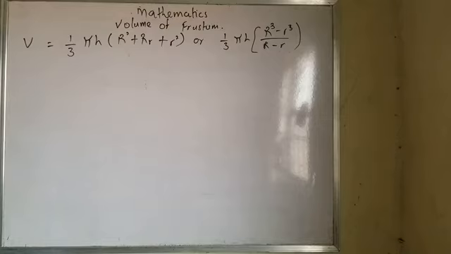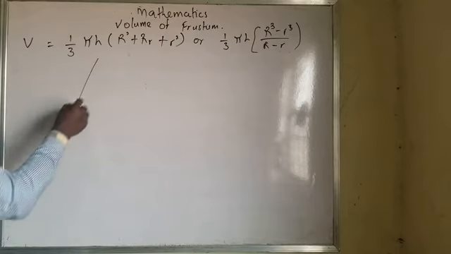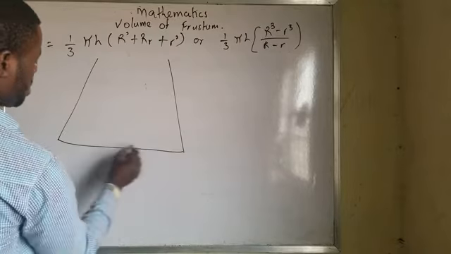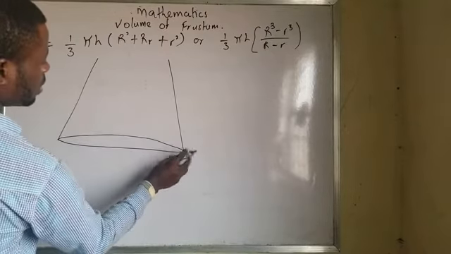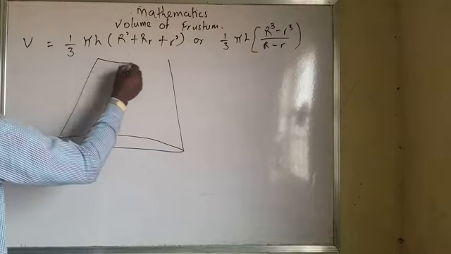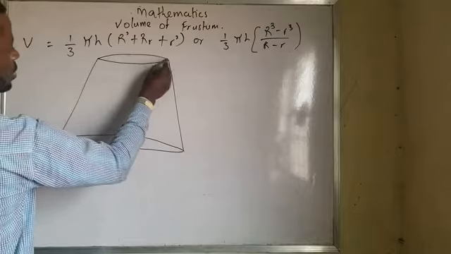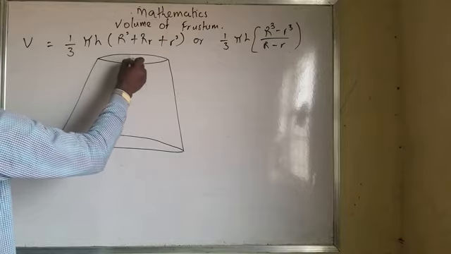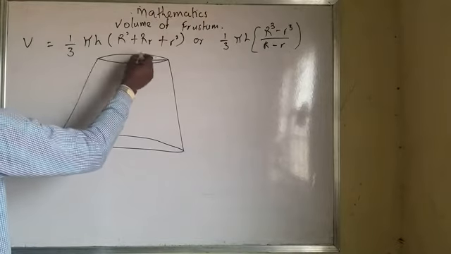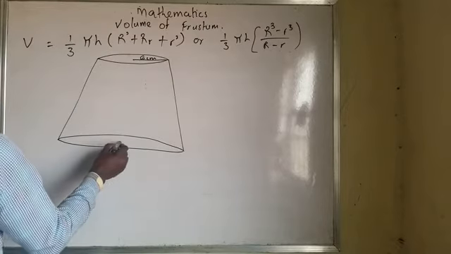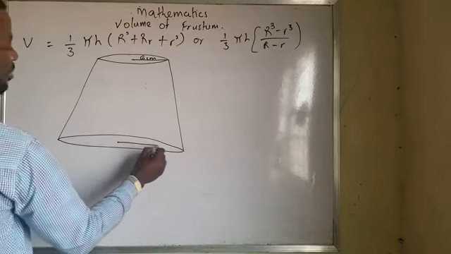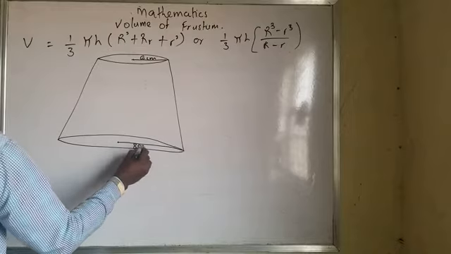Now look at this problem. For instance, if I have this problem to solve, I have a frustum this way. This is my radius, which is my small radius, 6 centimeter, and I have my big radius as 8 centimeter.